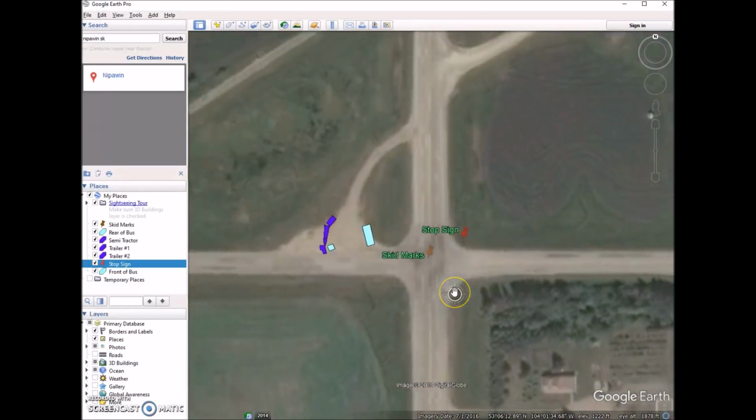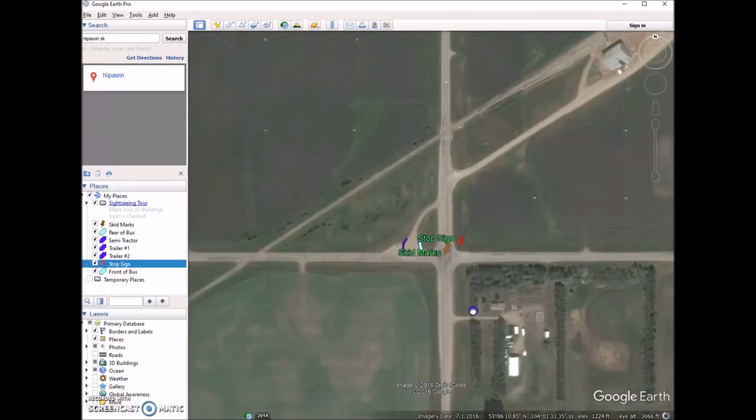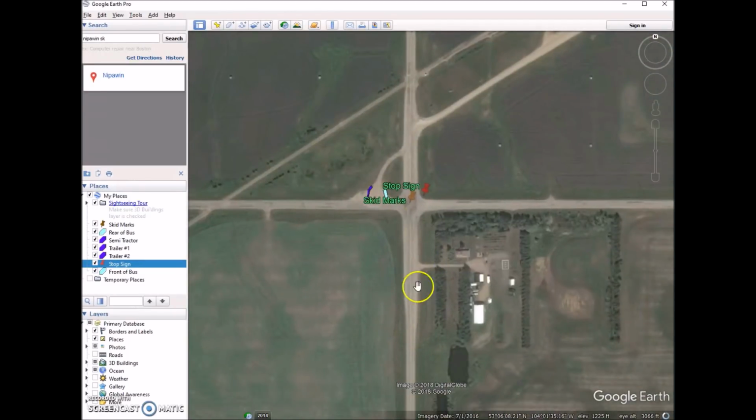Last consideration, I've made a number of assumptions about the bus driver not speeding, the bus driver having a good reaction time, and so on.